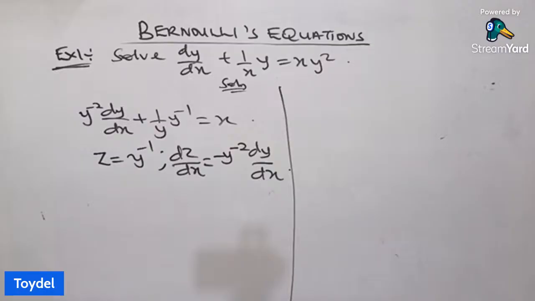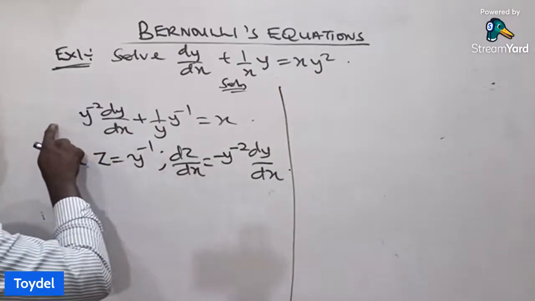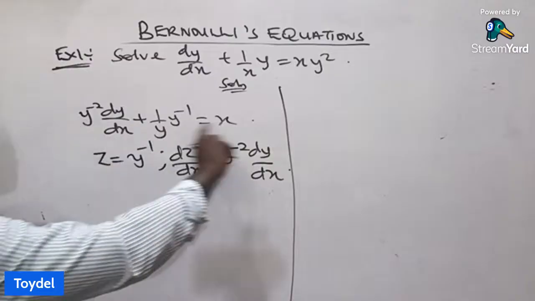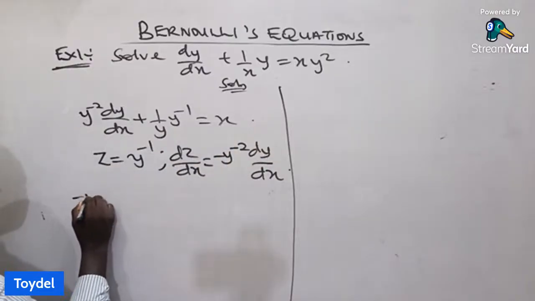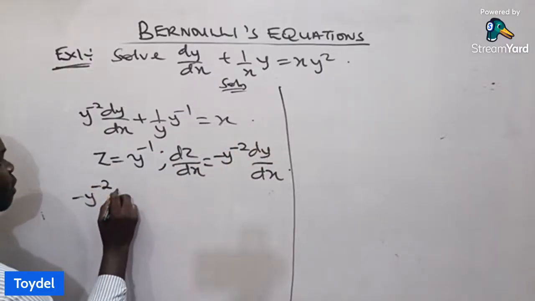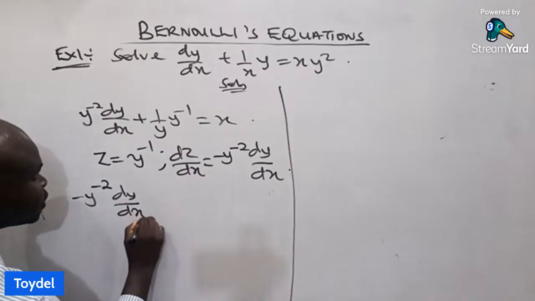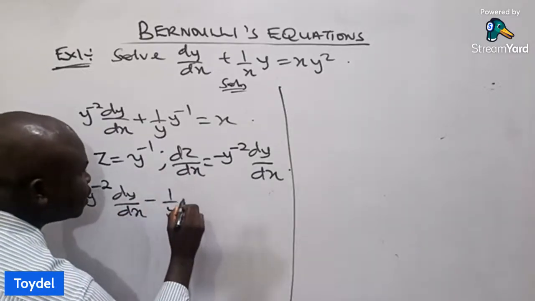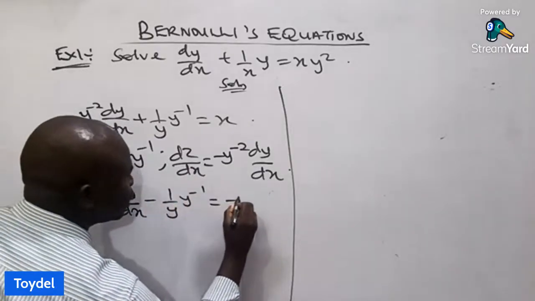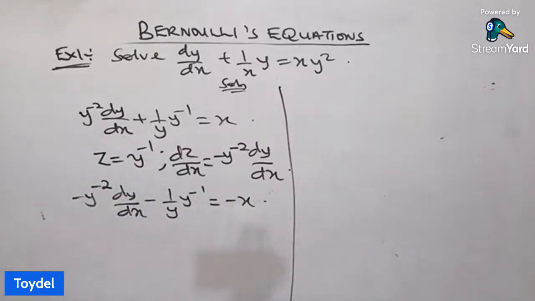With what we have on the board, what is the next process? We have a minus here, so I can decide to multiply everything through by minus. So I'm going to have minus y^(-2) dy/dx minus (1/x) y^(-1) is equal to minus x. What is the next step?